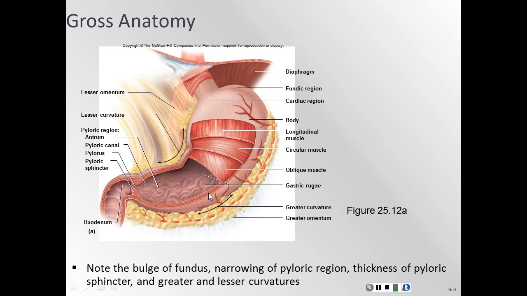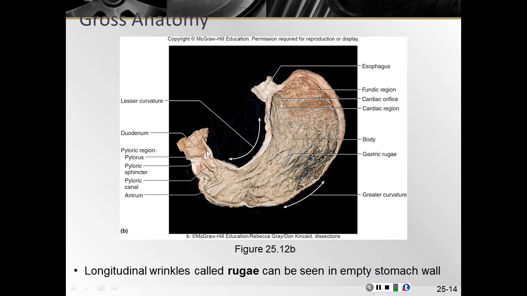I notice that the pyloric region is a lot narrower, but its sphincter is a lot thicker than the other sphincter, the cardiac sphincter up above. Okay. And here's another diagram of the stomach, and these little folds or wrinkles, these longitudinal wrinkles, are called rugae, and you only see them on an empty stomach.